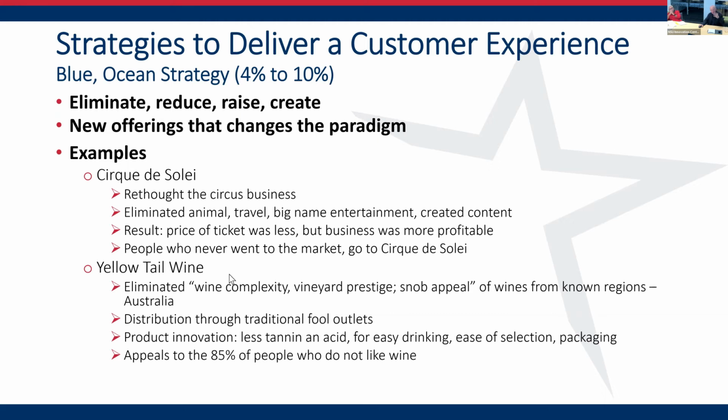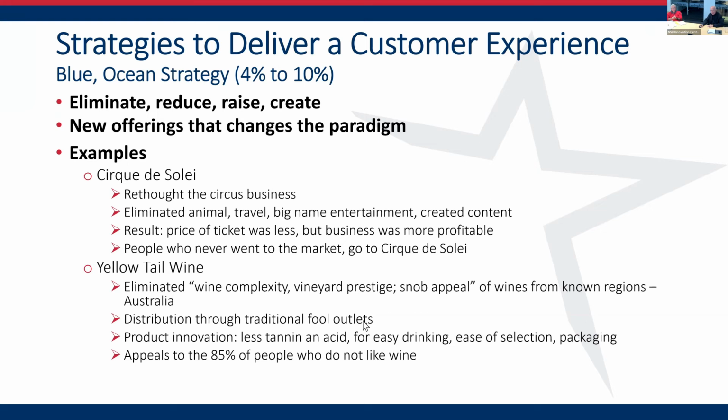And then my favorite, read the book, Blue Ocean Strategy: eliminate, reduce, raise, and create. These are the folks we were talking about last week. Brian Owens brought up Yellowtail Wine, where there was a whole industry that said this was the way you have to do it. And these entrepreneurs got together and they eliminated a lot of the complexity, a lot of the snobbery associated with wine drinking.